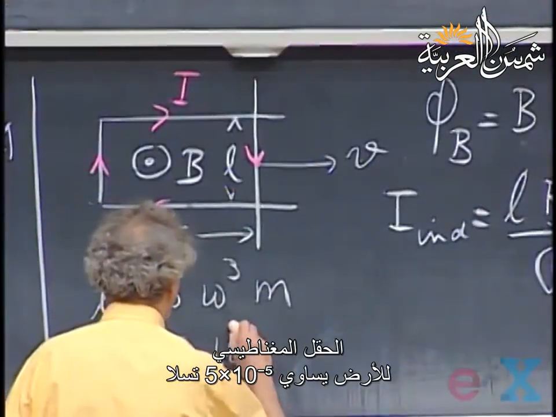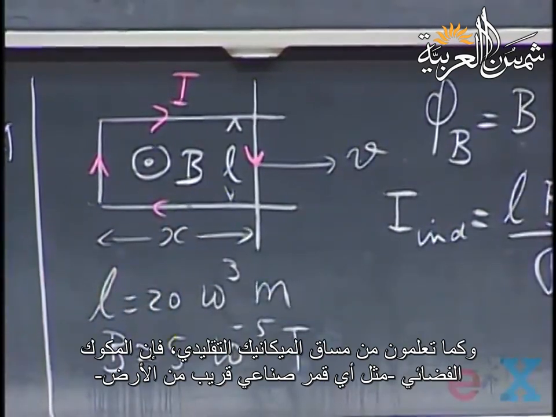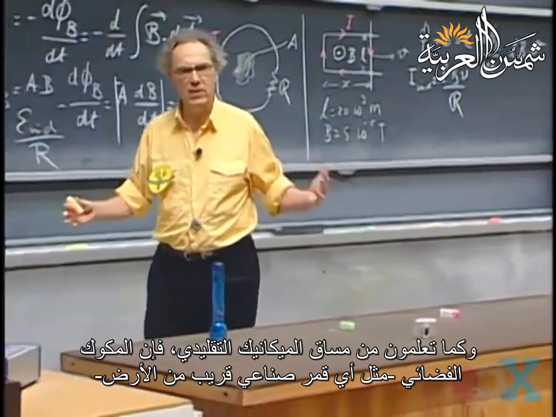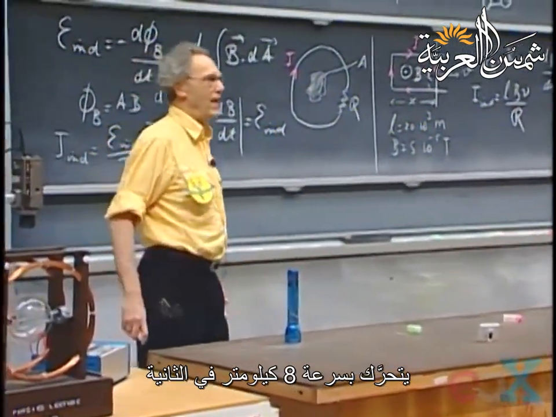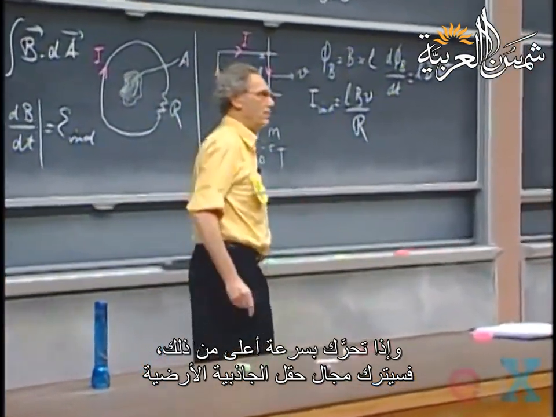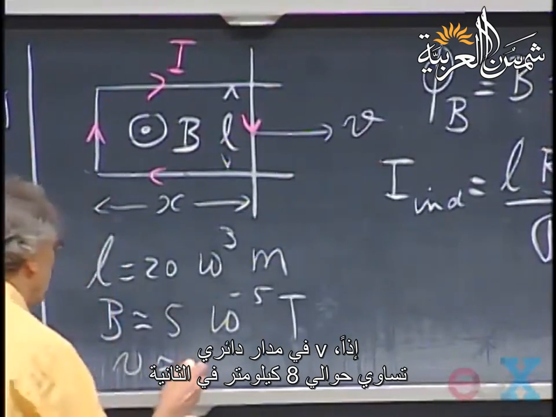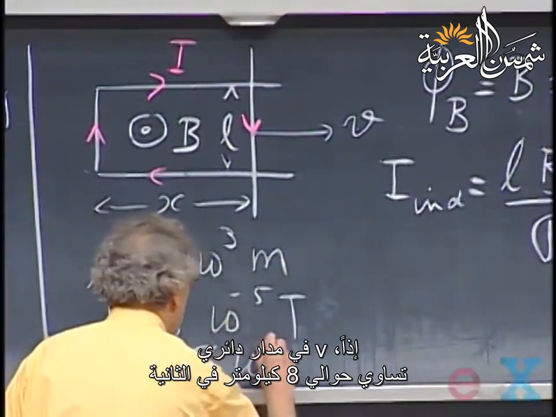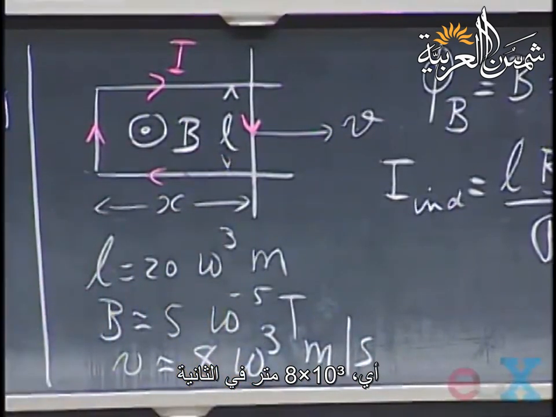So that is 5 times 10 to the minus 5 Tesla. And the shuttle, as you should know from 8.01, like any near-Earth satellite, flies with a speed of about 8 kilometers per second. If they go much faster, then they would leave the gravitational field of the Earth. So V is about, in circular orbit, 8 kilometers per second. So here you have it in meters per second.